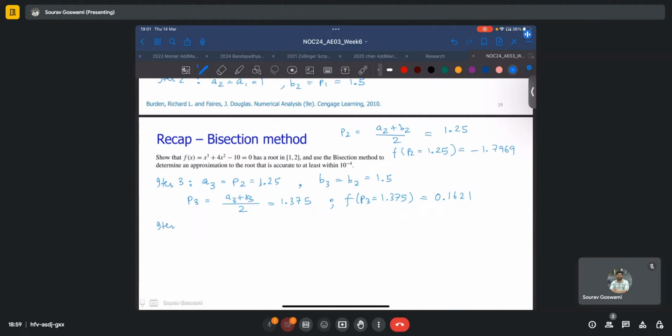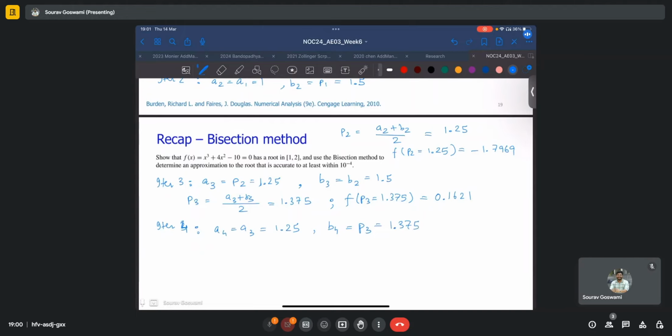Since it is positive, we'll change the b now. So a4 is same as a3, which is 1.25. b4 will actually equal p3, which is 1.375.